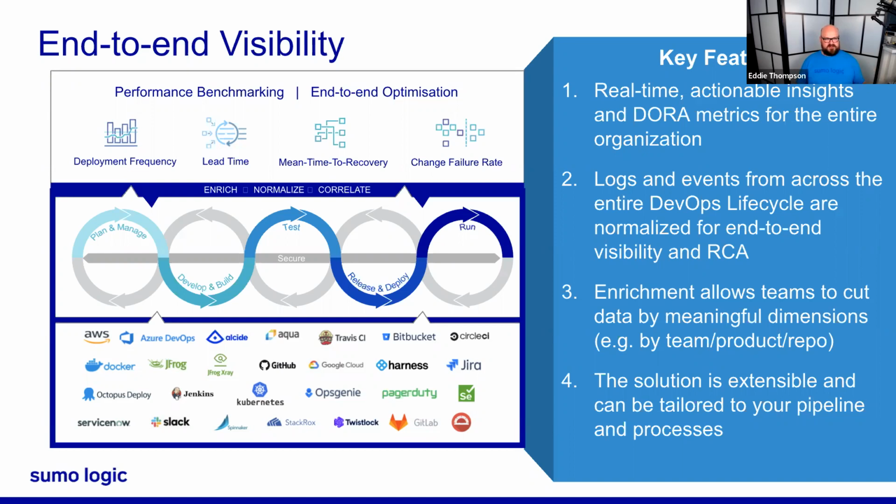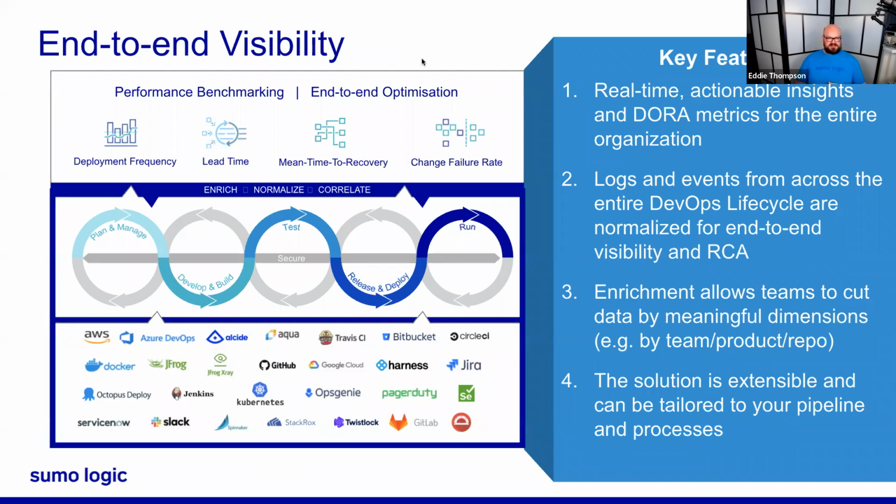It takes a lot of information, so you're getting logs and events from across the entire DevOps lifecycle, and we need to be able to normalize these to a common schema, so you can get that end-to-end visibility no matter which tooling you're using across possibly a large variety of teams and organizations within your development group.